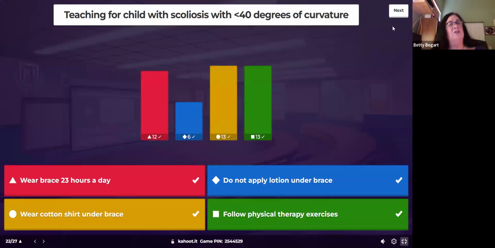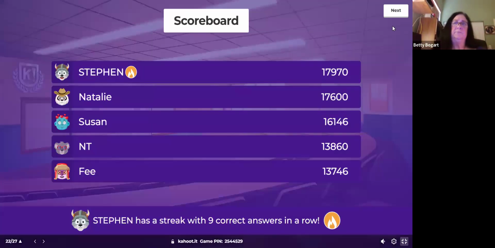We only take it off to change our cotton t-shirt underneath, because that's the sweat, and to prevent rubbing there, and to take a shower. That's it. And then no lotion, no powder, no nothing underneath it. And it's all about physical therapy, strengthening the back and the muscles so that we can have a straighter spine.